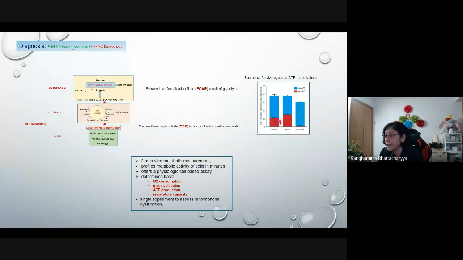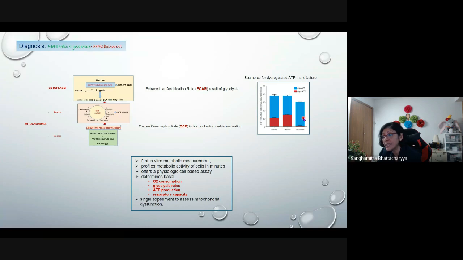Now, if we compare between these three, we clearly see a very significant difference in the ATP generation through different sections. In the control set, we find the mitochondria is responsible for more ATP generation than glucose. Similarly, in the treated part, there is a slight increase in the glycolytic ATP, but it's not a significant amount.